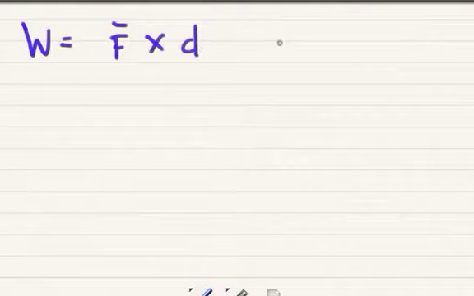So going back to work equals force times distance.